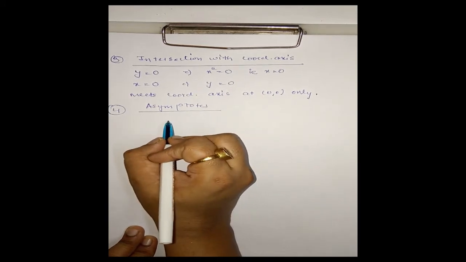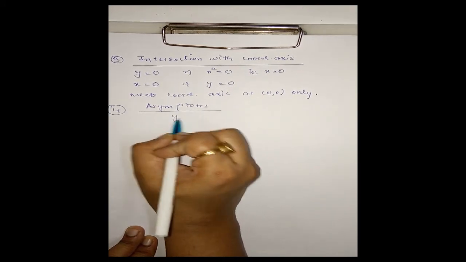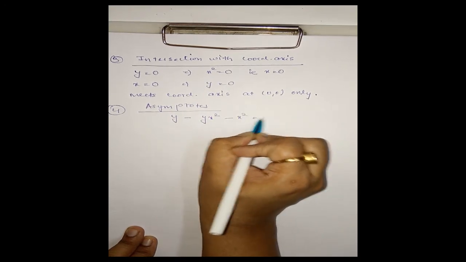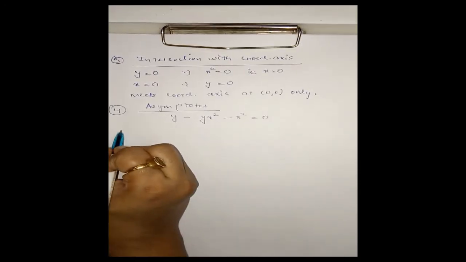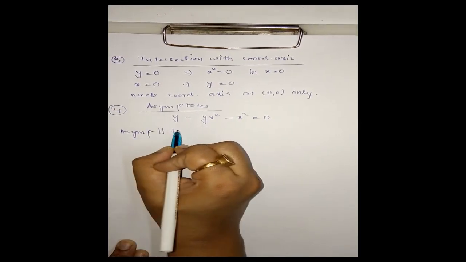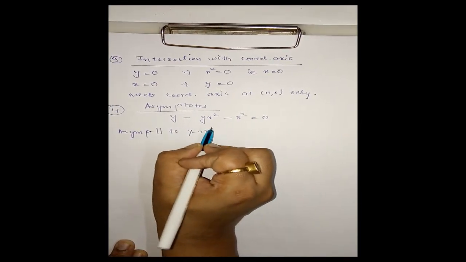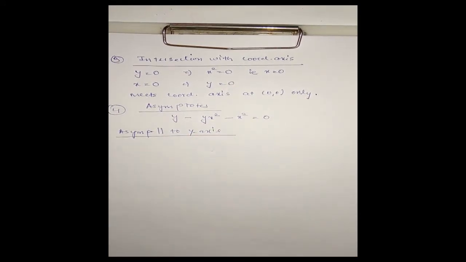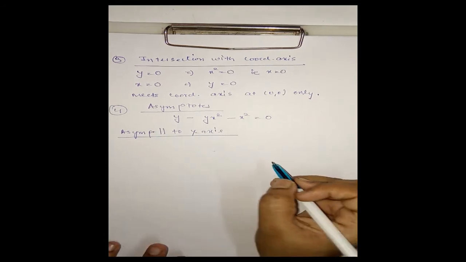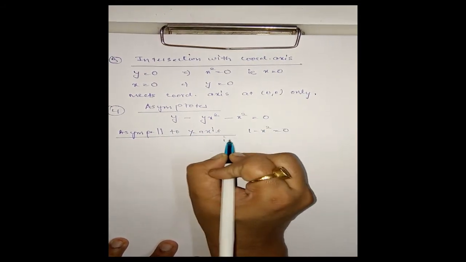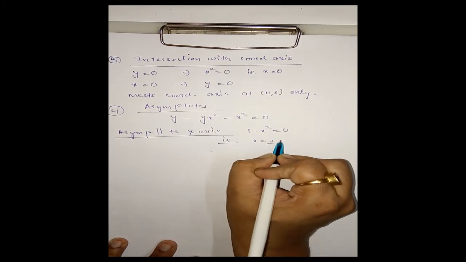Now the given equation can be rewritten as y minus y x square minus x square is equal to 0. Now for the asymptote parallel to the y-axis, we equate the coefficient of the highest power of y to 0. That is 1 minus x square is equal to 0, that is x is equal to plus minus 1.